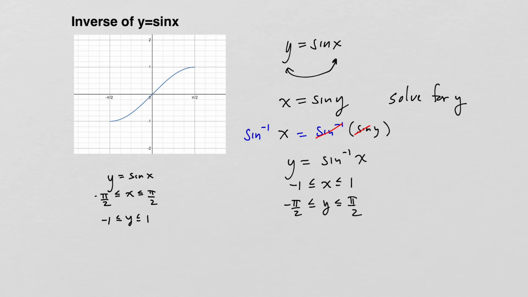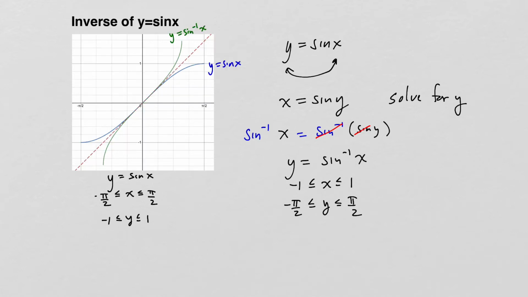And let's go ahead and bring in the graph to see what it looks like. And so here it is. We have the original graph, y equals the sine of x, which is right here. And you can see that x is between negative pi over 2 and positive pi over 2. Y is between 1 and negative 1. And then the inverse function, if you were to graph it, would look like this.